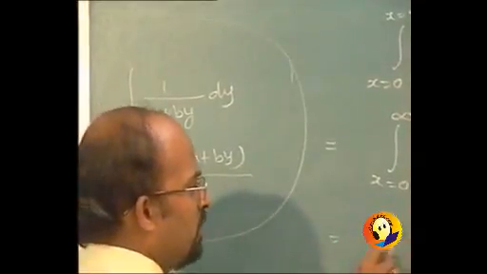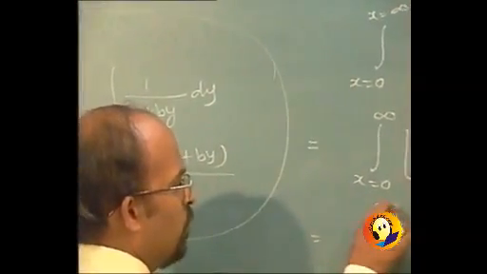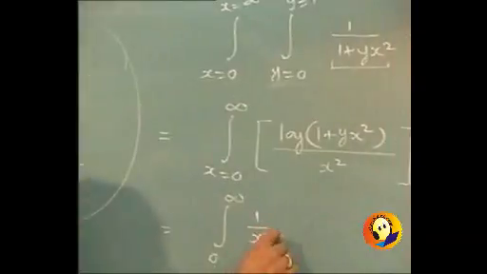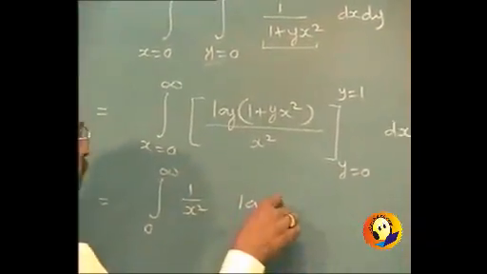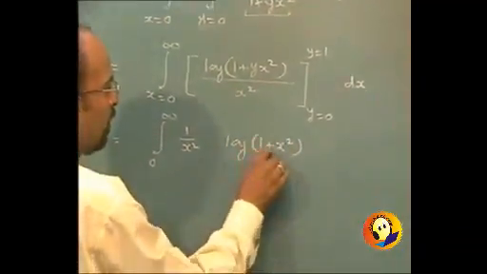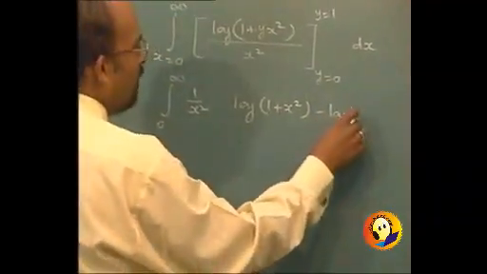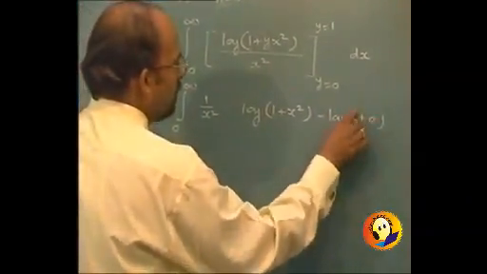X square is constant for the time being, so it is x equal to 0 to infinity 1 upon x square as it is. At upper limit it will be log of 1 plus x square minus lower limit value it will be log of 1 plus 0.